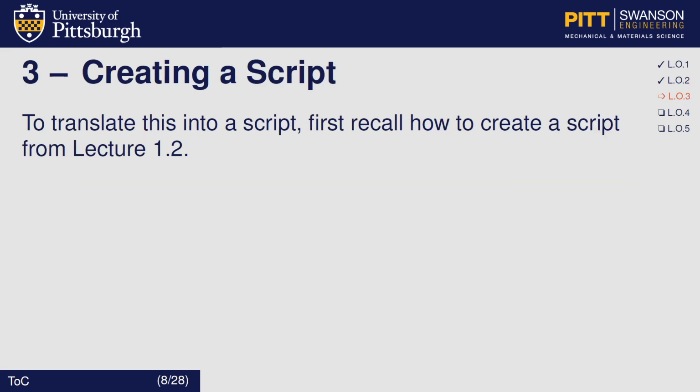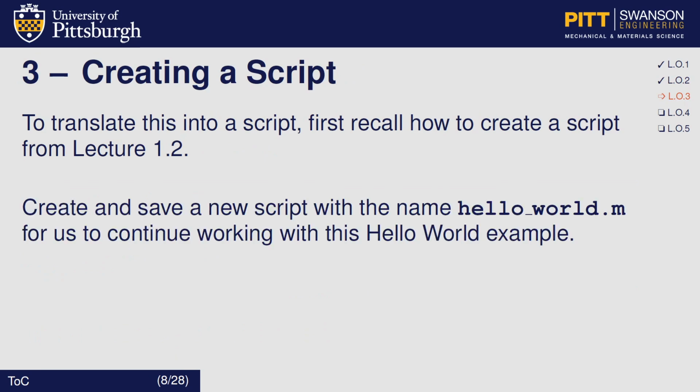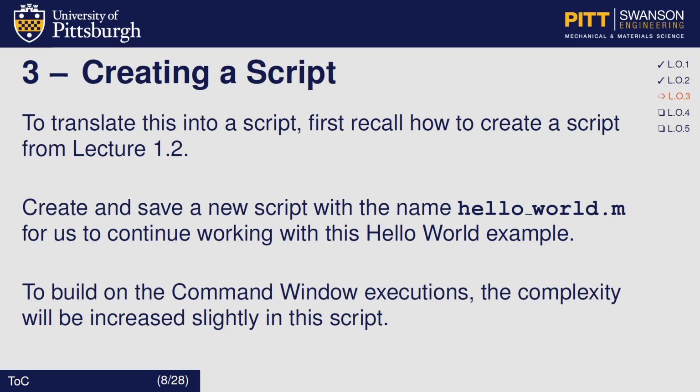To write a hello world script, first recall how to create one from the previous lecture. Create and save one with the name Hello World in order to write the code in this example. The complexity of the code will be increased just slightly from the previous example, which was shown in the command window.